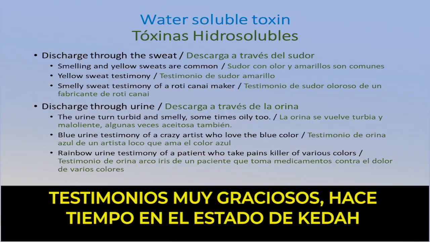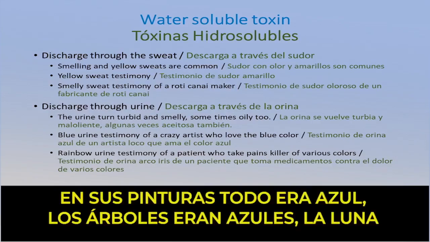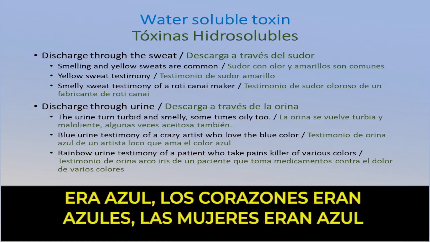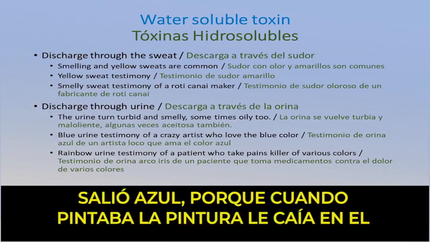Last time in Kedah State, there was one artist, a very crazy artist. He loved the blue color. In his drawings, everything is blue. The tree is blue, the moon is blue, the heart is blue, the beautiful woman in the drawing also blue. Then when he took Ganoderma, the urine came out also blue.